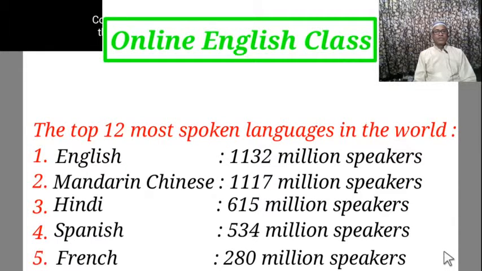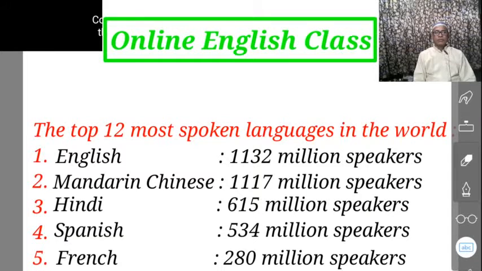The top 12 most spoken languages in the world. Number 1, English, 1,132 million speakers. Number 2, Mandarin Chinese, 1,117 million speakers.